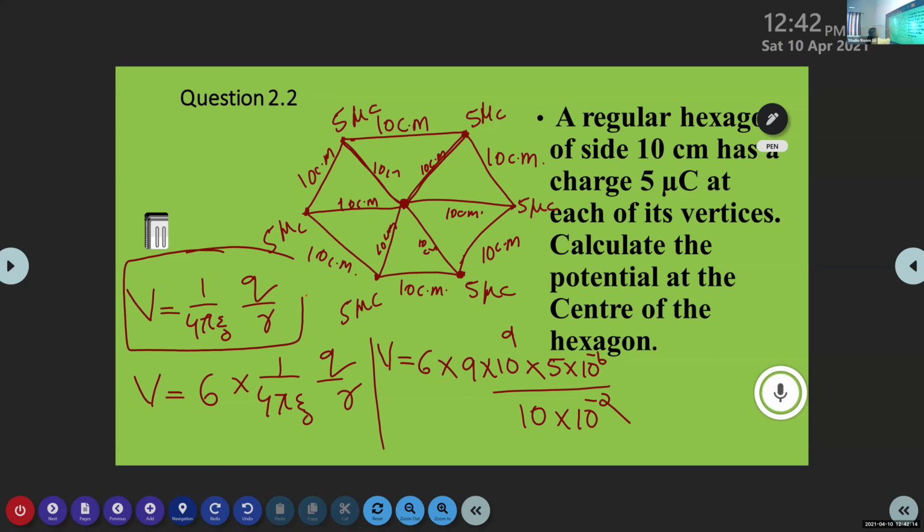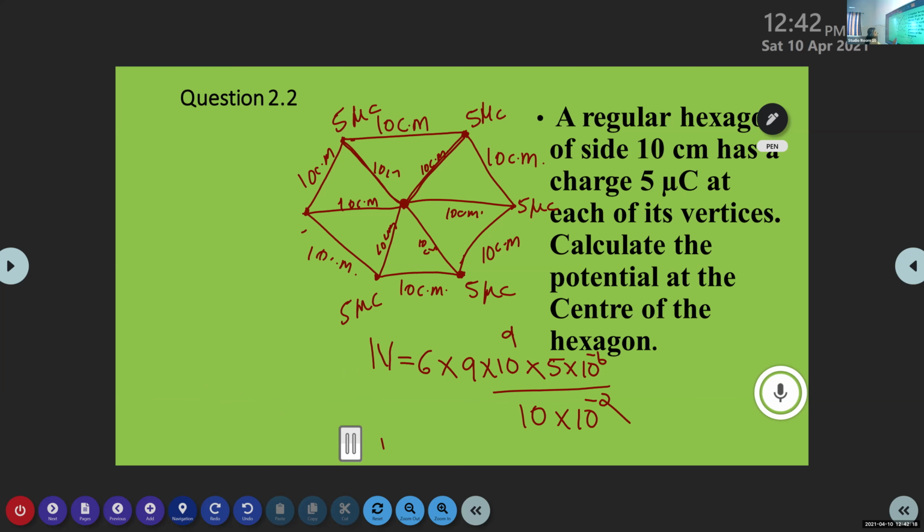Try to solve the equation. It becomes V is equal to 6 into 9 into 10 raised to 9.